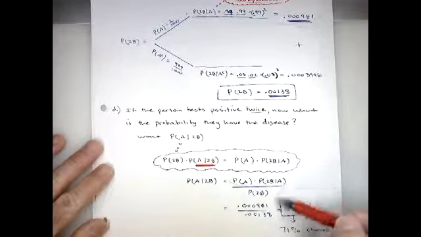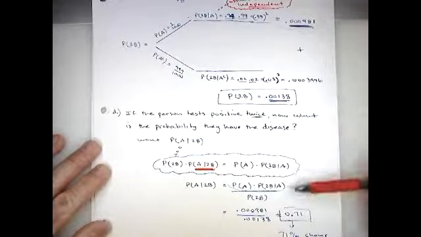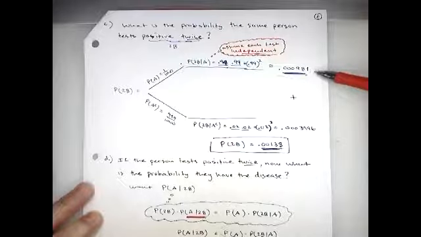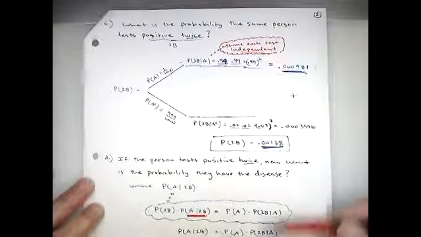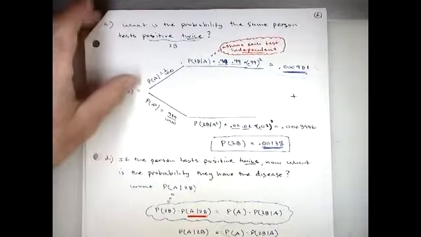And where do you find these numbers? It comes back to what we did previously, right? This numerator is the top branch here. This is the fraction of the overall probability that came from people who actually have the disease. And then we're dividing that by the total probability, which is 0.00138.